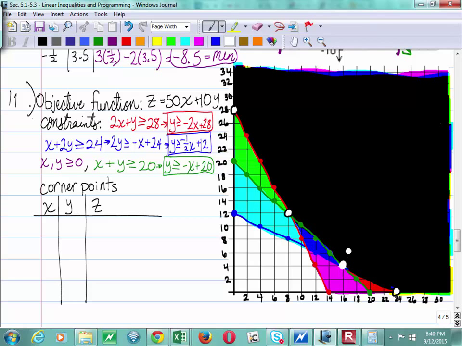Okay, so I think all these corner points are pretty easy to identify.